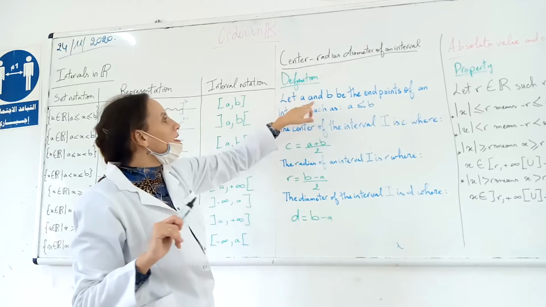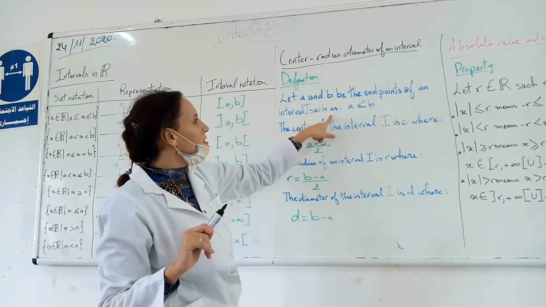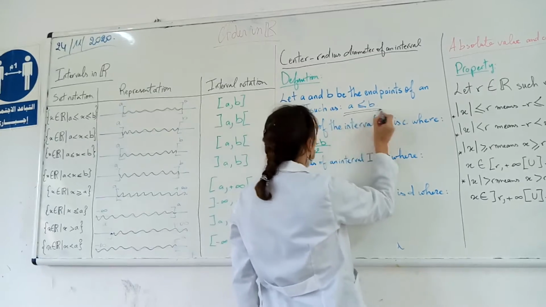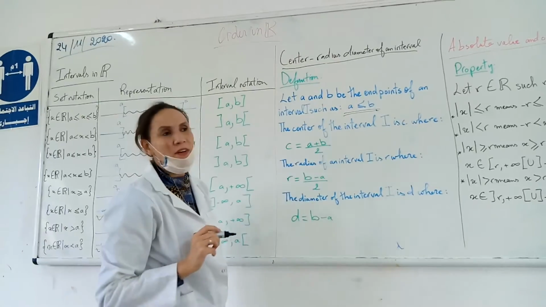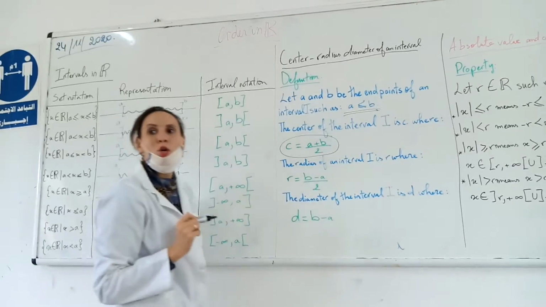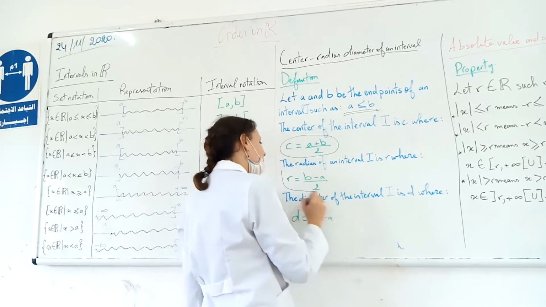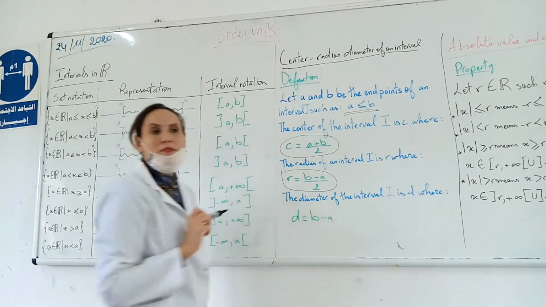Let A and B be endpoints of an interval such that A less than B. The center of the interval is C equal A plus B over 2. The radius of an interval is R equal B minus A over 2.